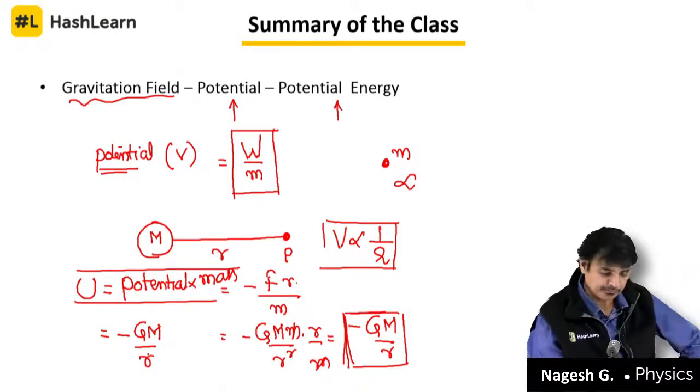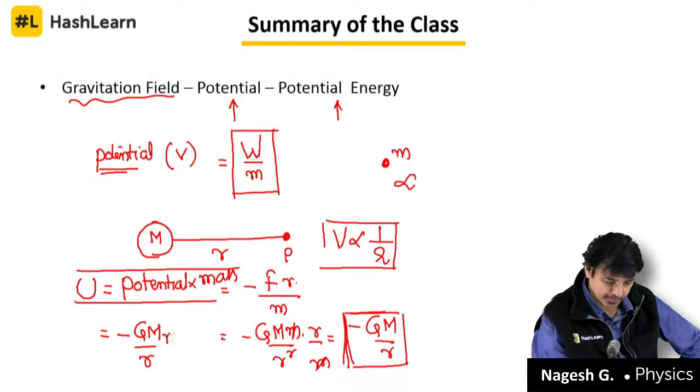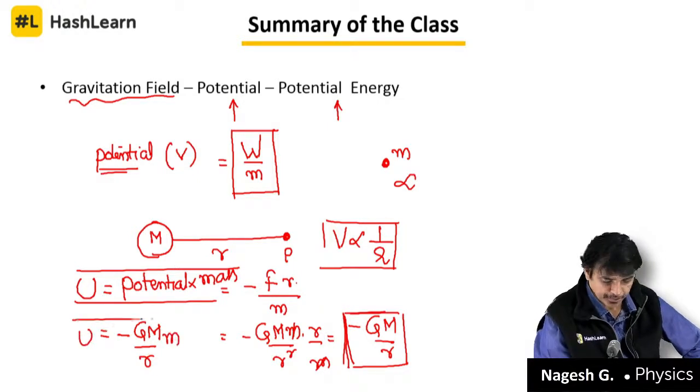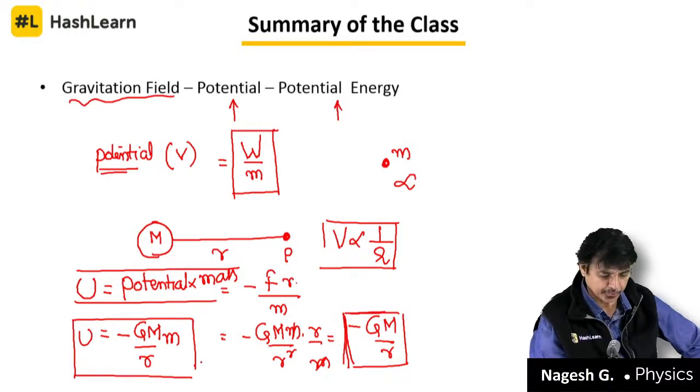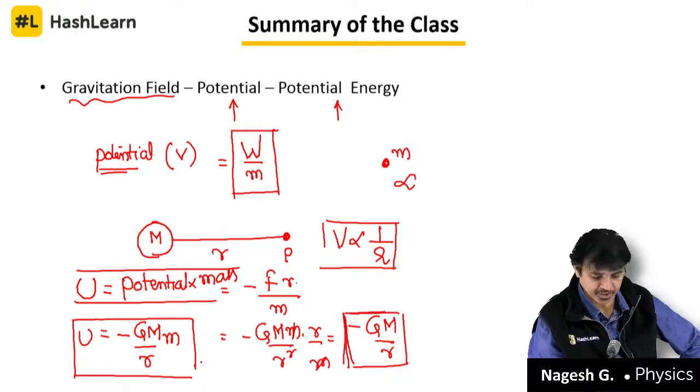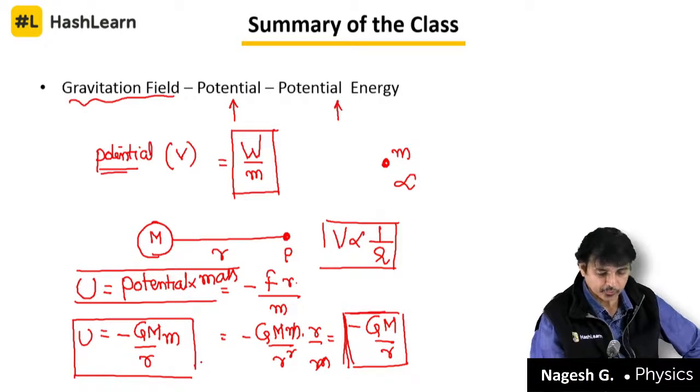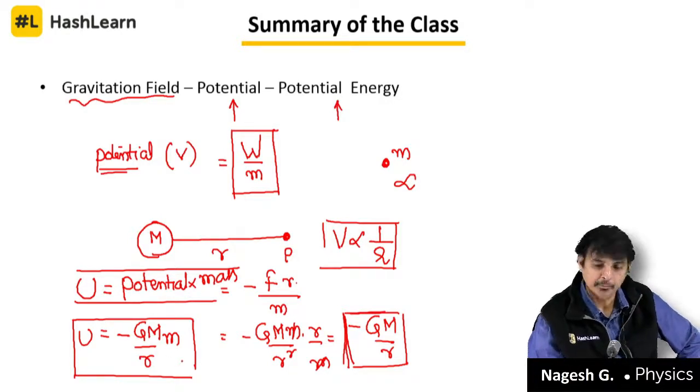So minus Gm by R into M. So potential energy at that point is equal to minus GMm by R. So this is the difference between the potential and potential energy.